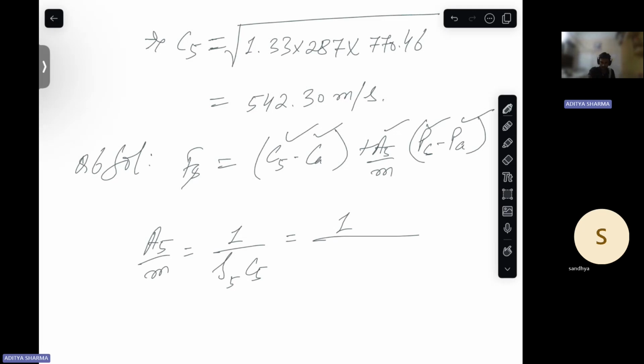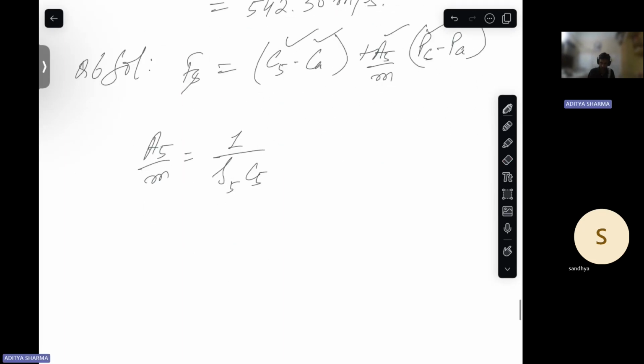Now have we calculated rho 5? So rho 5 we have not calculated yet, I believe. So to calculate rho 5 basically is PC by R TC.